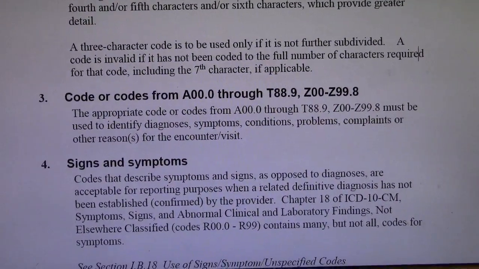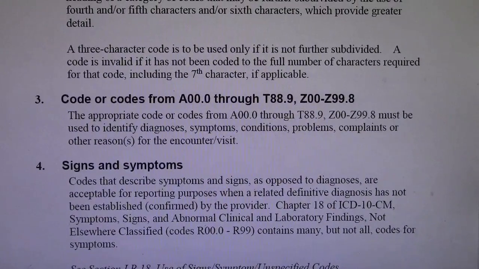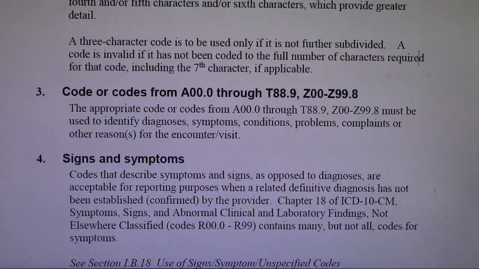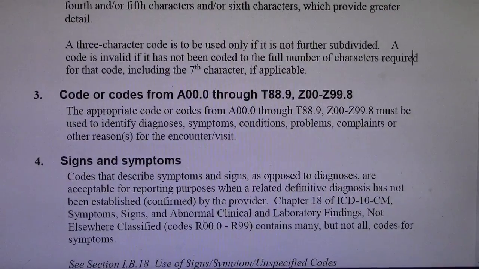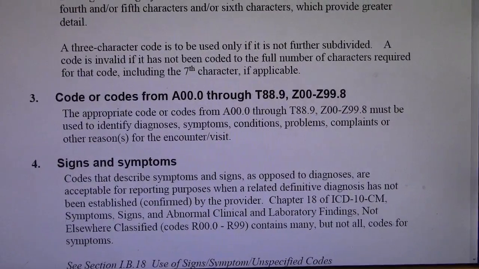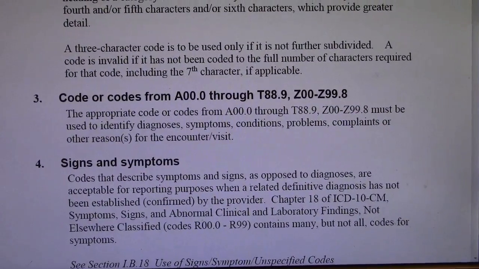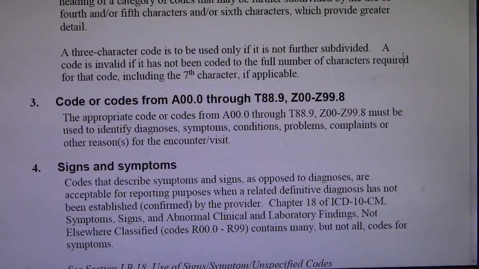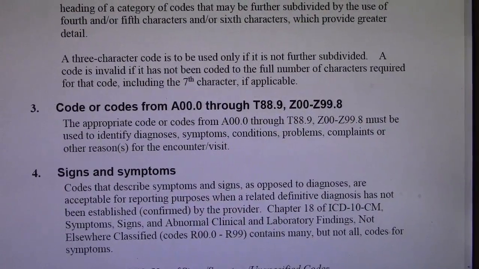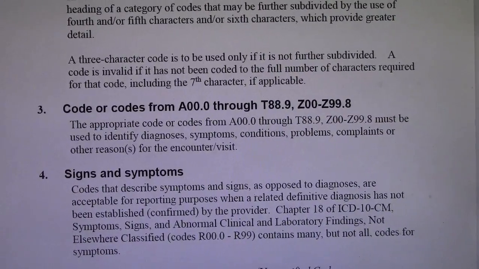But those codes are there, but they're used for the external cause. And then Z00 through Z99.8 says the appropriate code or codes from A00.0 through T88.9 and then Z00 through Z99.8 must be used to identify diagnoses, symptoms, conditions, problems, complaints, or other reasons for the encounter or visit.